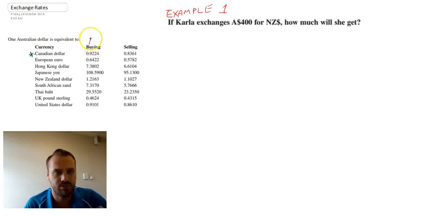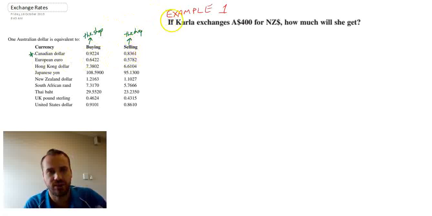So when it says buying and selling, what it really means is the shop, so the exchange, the shop is buying Canadian dollars from you, and the shop is selling Canadian dollars to you.